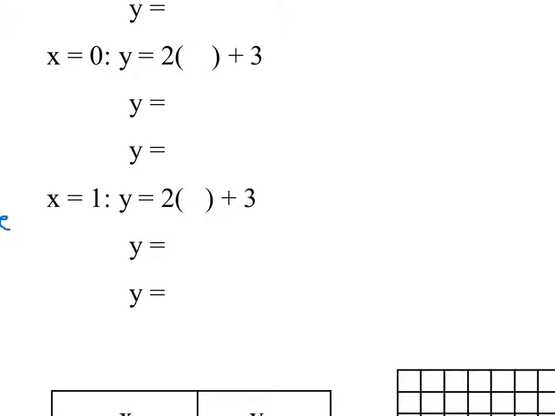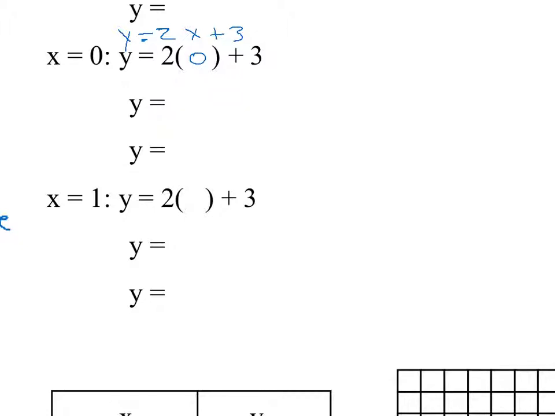I've taken the equation y equals 2x plus 3, and I'm going to plug in that 0 for x so I can figure out what y is. I'm going to try and find the corresponding value for y. Or, what is y when x is 0? So now all I have to do is solve for y. Solving for y is really easy here.